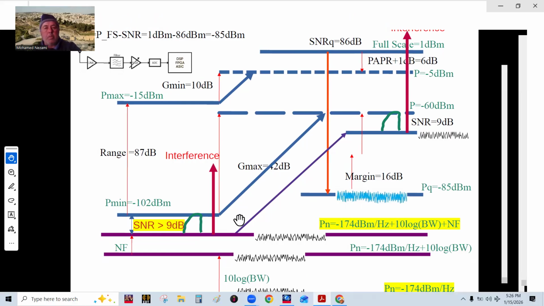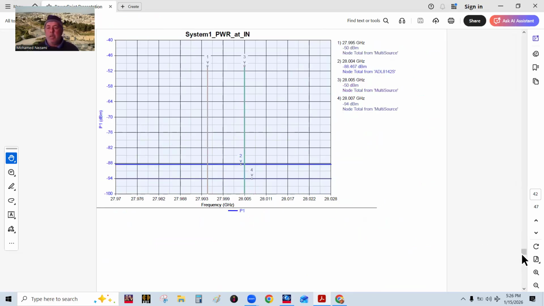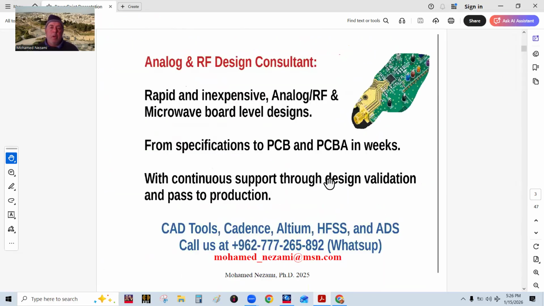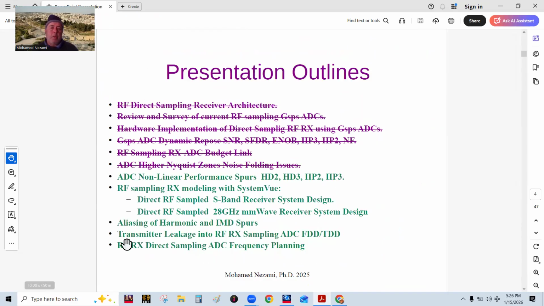That's where we look at basically the intermods that are going to creep in right here, that are going to creep in from the aliasing. So the intermods are going to alias back to the first zone. Okay, that's your desired signal region.